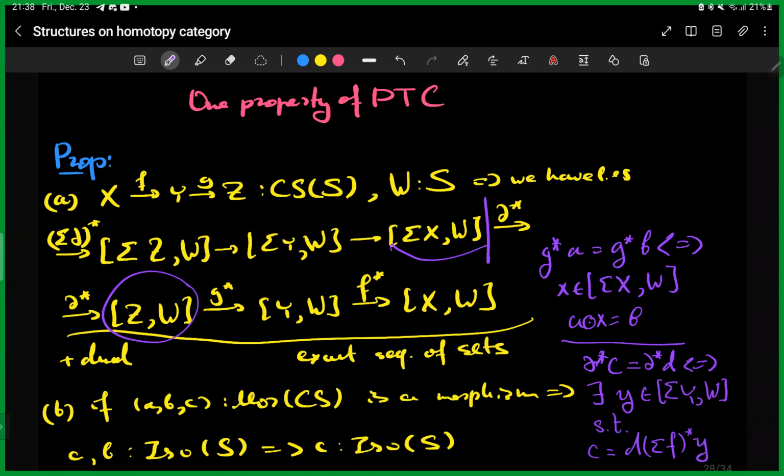So this map here is still a homomorphism of groups, although the image of this homomorphism may not be normal. So when we take a quotient, it's just a set. But still, we can formulate such a condition, and we will get this sort of exactness.